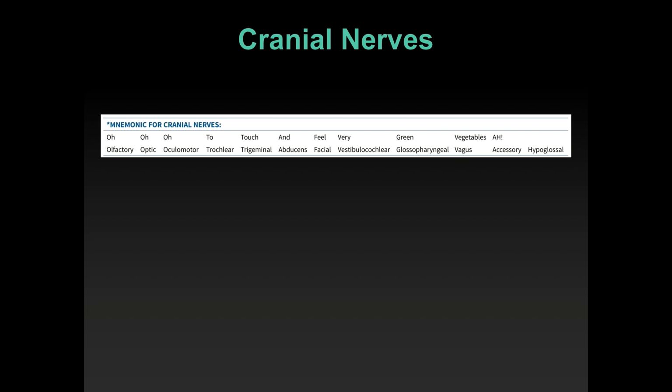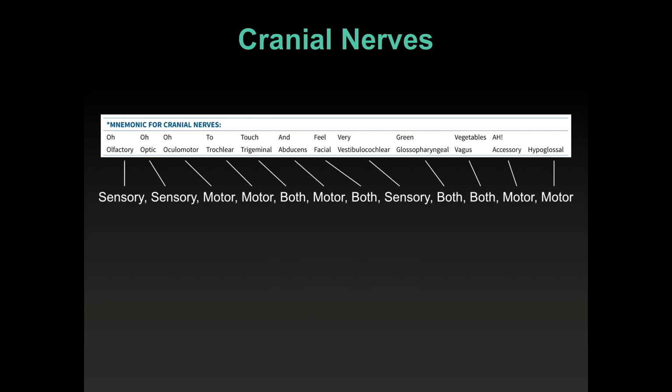How do you ever remember which nerves contain which information? Sensory, sensory, motor, motor, both, motor, both. I forgot about it. I'd write it down.